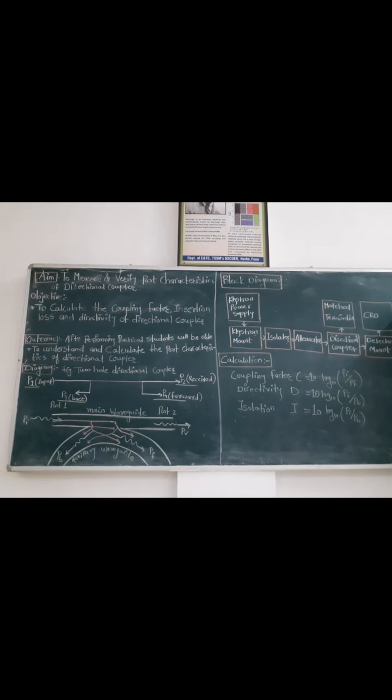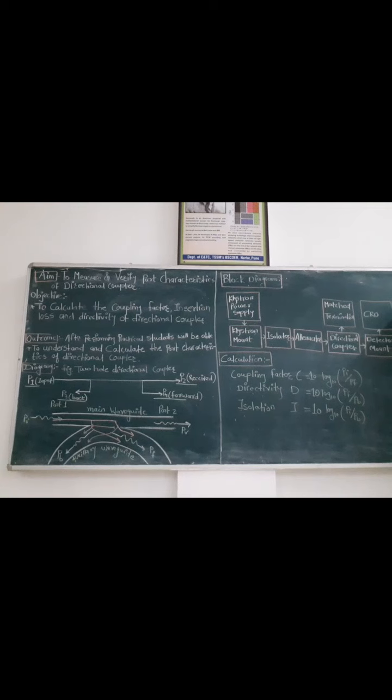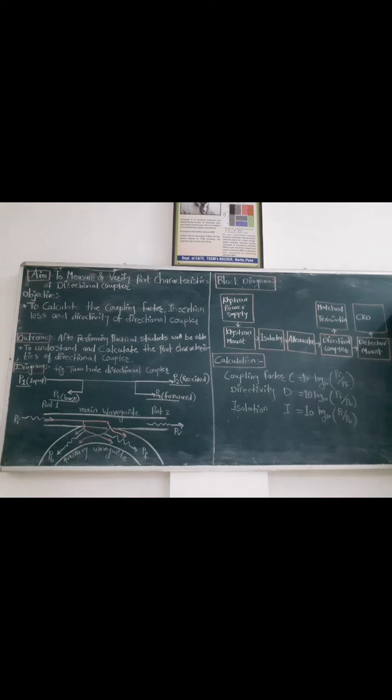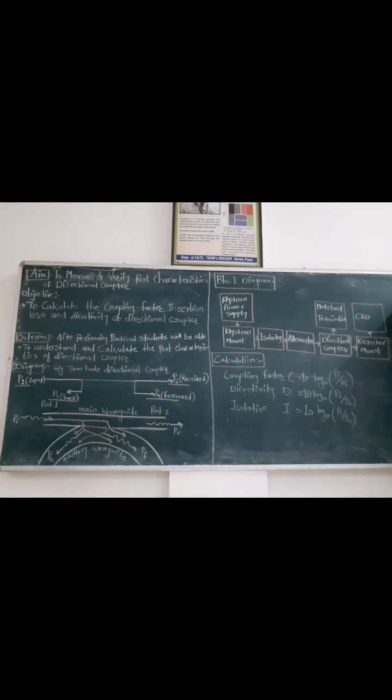Now here the power which is entering port 1 into the main arm gets divided into port 2 and port 4, and almost no power comes at port number 3.